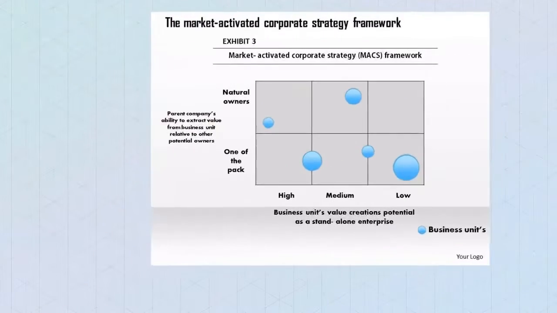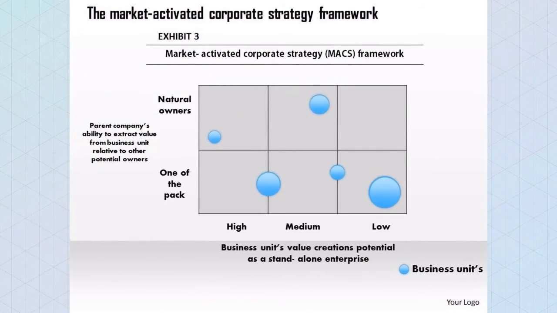Now, in the MAX framework, we first determine the value of the business unit and try to place them on this MAX matrix on the basis of how well Apple uses this business unit and what is the future potential of the business unit. The x-axis measures the business unit's value creation potential as a standalone enterprise, and the y-axis shows how uniquely the company uses this business unit.